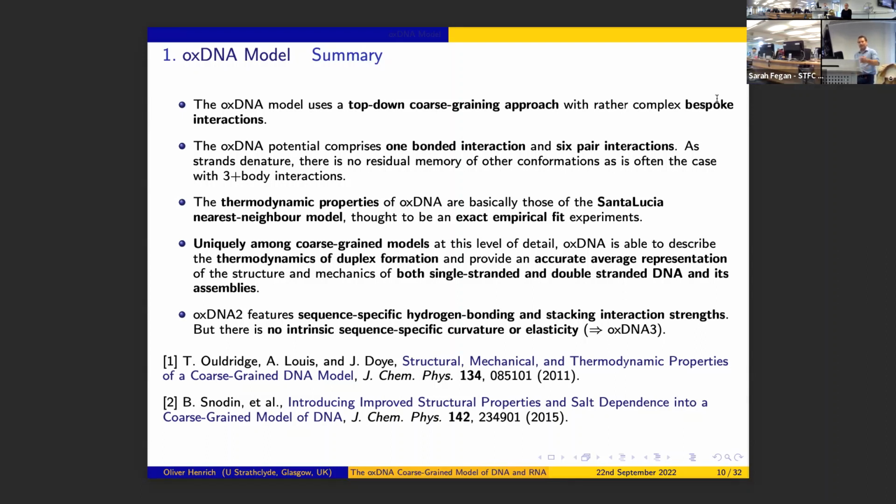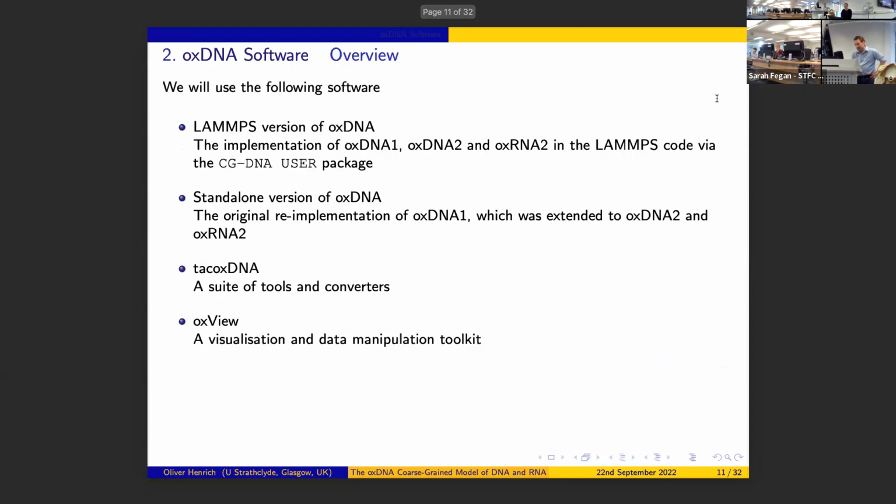So good, then let's have a look at the software. Here's again an overview of what we have. This is the whole oxDNA world, if you want. First is this LAMMPS version, developed by myself only, unfortunately.